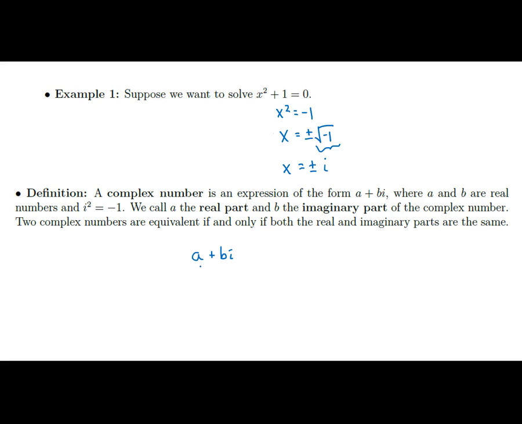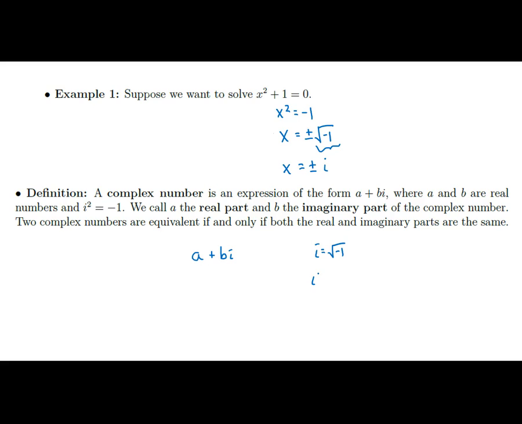So we call a the real part and b the imaginary part because it's multiplying by our i. Just a couple of facts to remember is that i will always mean the square root of -1.